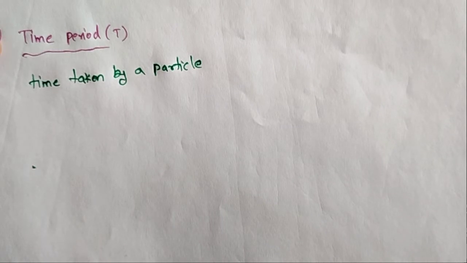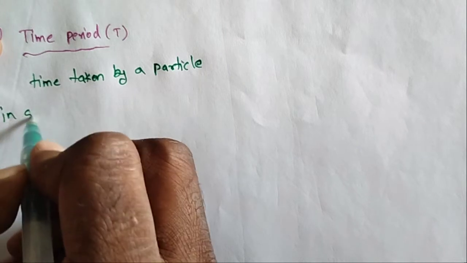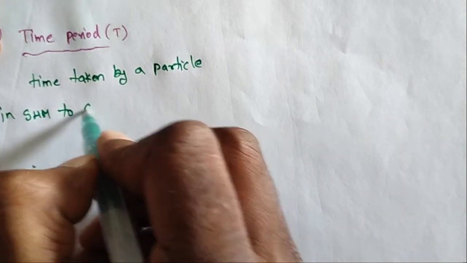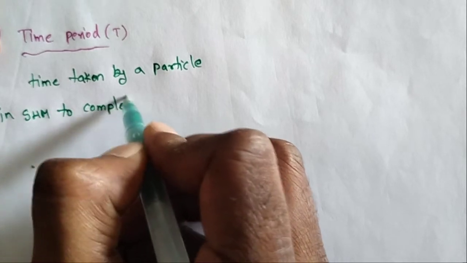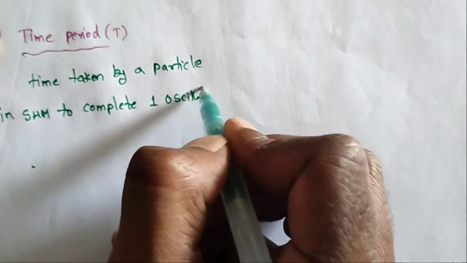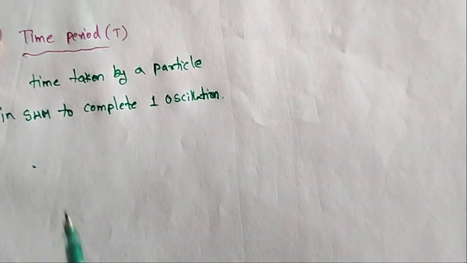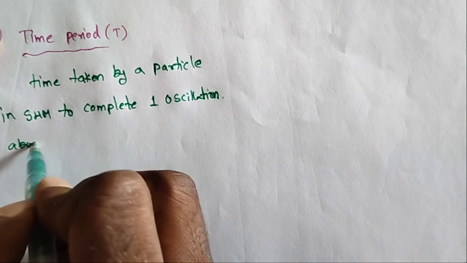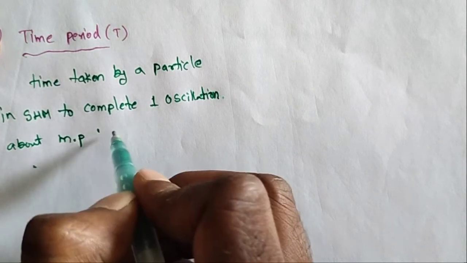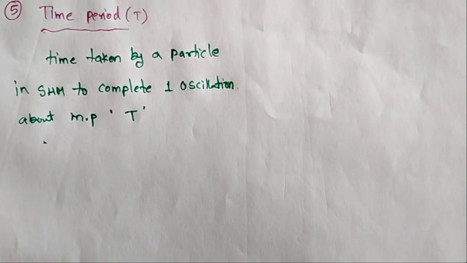The time taken by a particle in SHM to complete one oscillation, that is a to and fro motion about a mean position. One oscillation about a mean position is called capital T, time period. Okay, all of you understanding what is the time period?